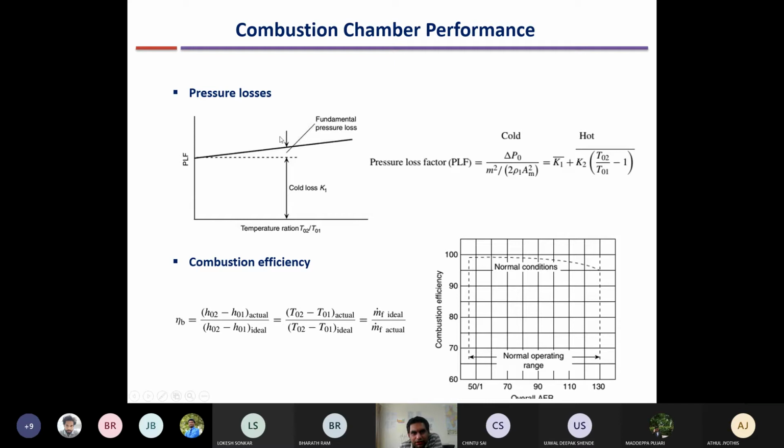These losses because of turbulence and friction are known as cold loss. This cannot be avoided. Why is it called cold loss?